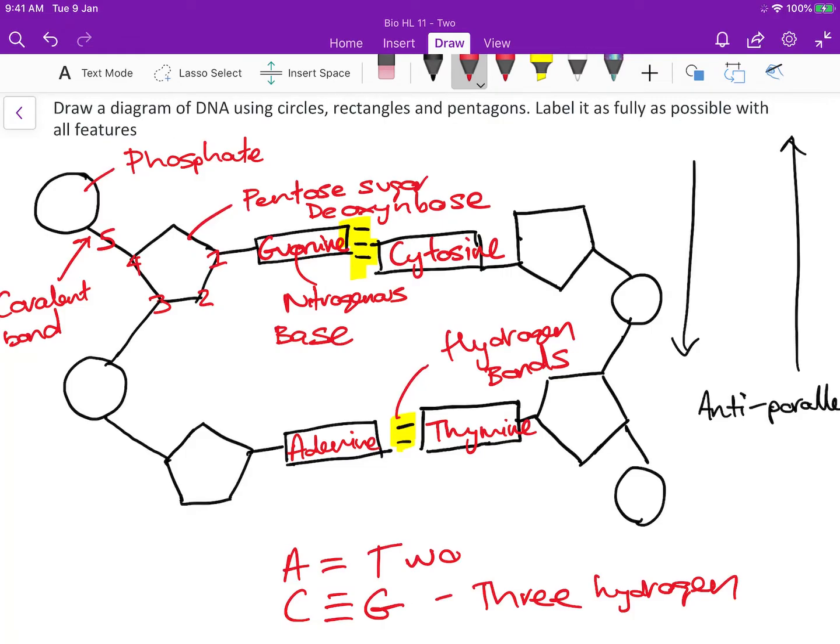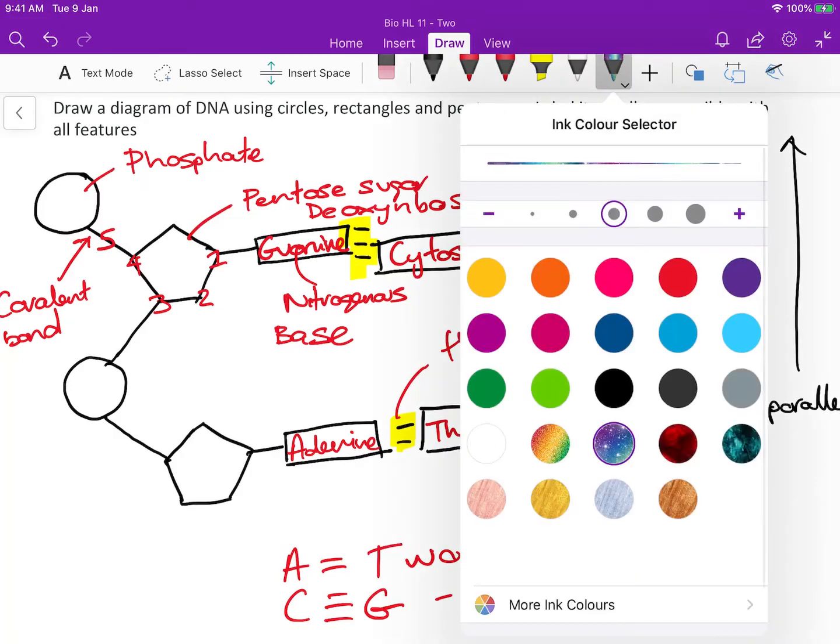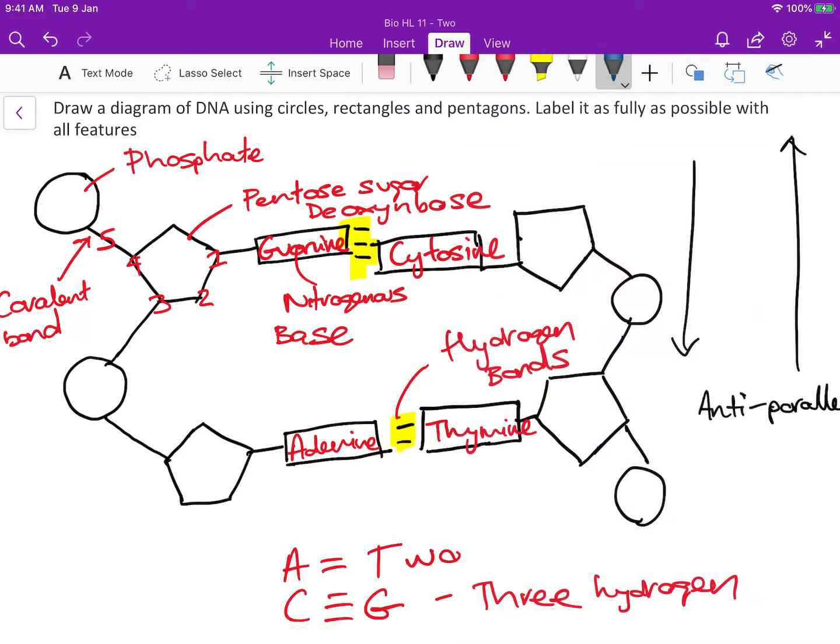Okay, what else can we label about this? We can also take a box and do dashed lines to highlight what our nucleotide is. So we can say that this is our nucleotide.